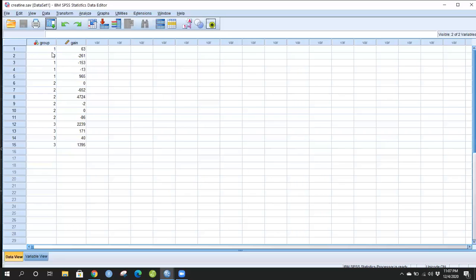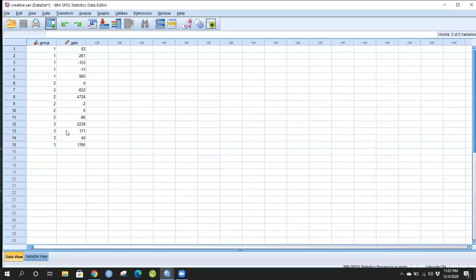There was a group which did not take that particular supplement. There was another group which took this supplement in the evening, and another group that took it in the morning. This experiment was done for a month, and then after a month their weight gain was observed for each of these three groups: one which did not take it, one which took it in the evening, and one which took it in the morning.